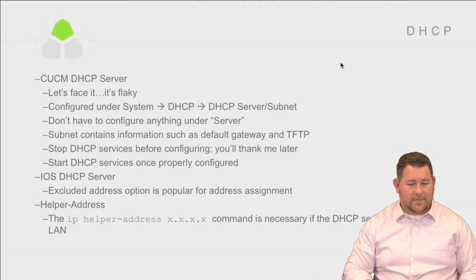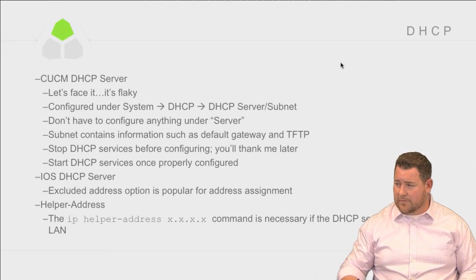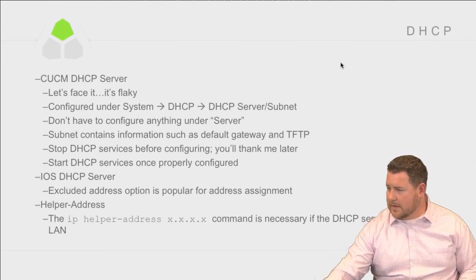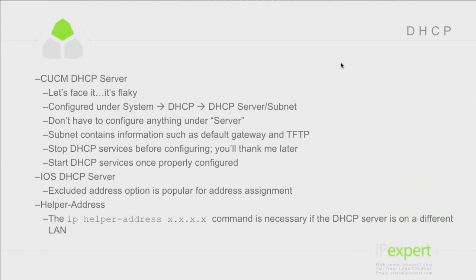And that's a very important command to know here. Let me just get out of the way real quick. So the IP helper address command, we see x.x.x.x, is necessary if the DHCP server is on a different LAN. So this is all the diagram was referring to there.